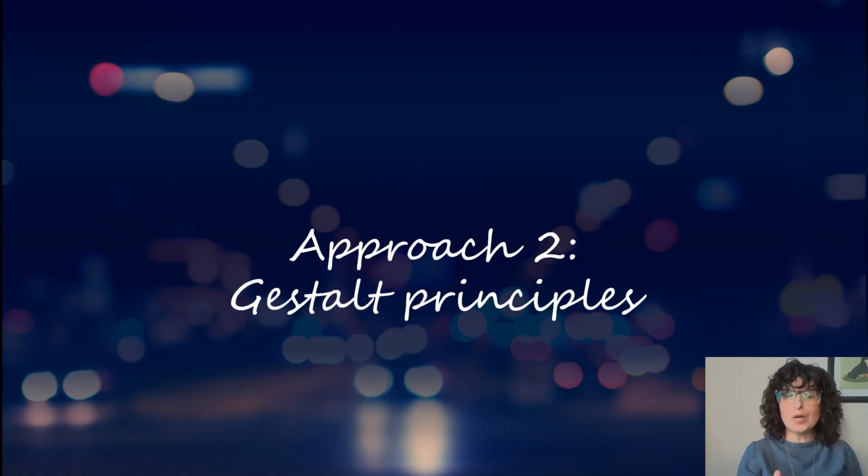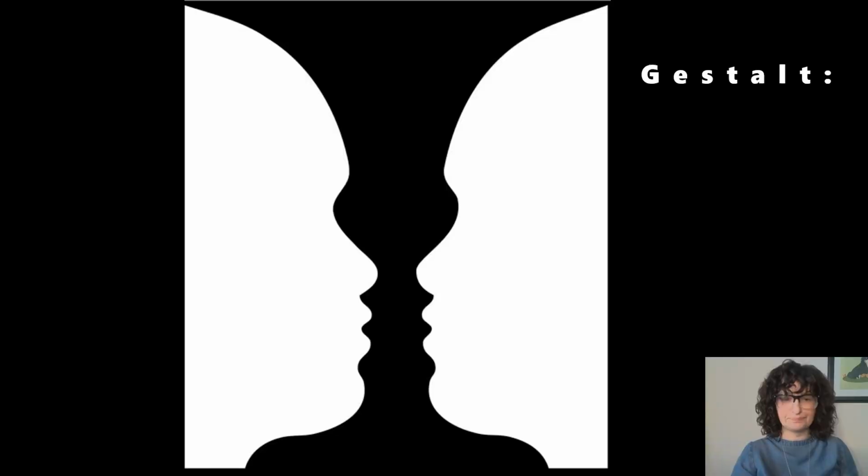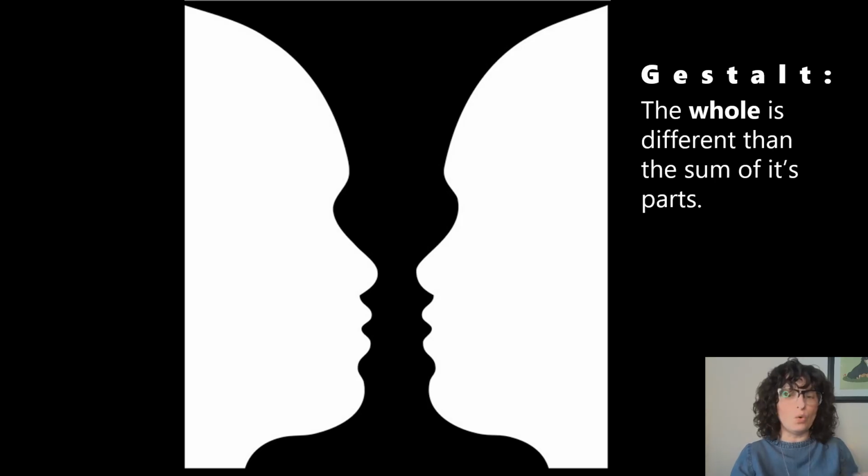All right. Approach number two is unique among the approaches. We're going to look next at Gestalt principles of perceptual organization. So, Gestalt psychology, this is a German term that is used to refer to the entire pattern, form, or configuration. And Gestalt psychology has as its foundation this idea that the whole is different than the sum of its parts.